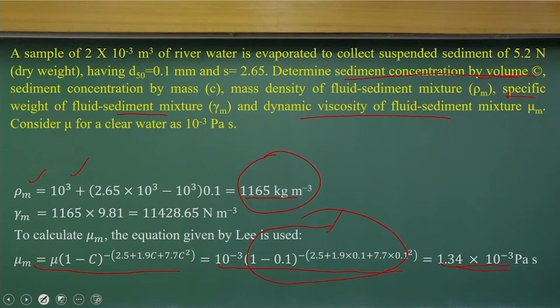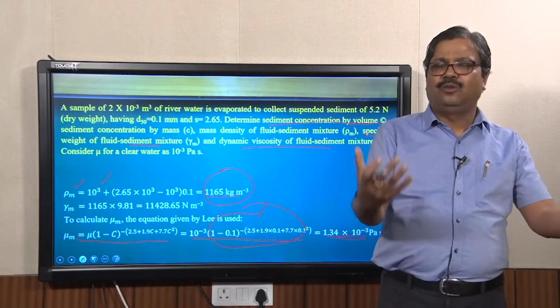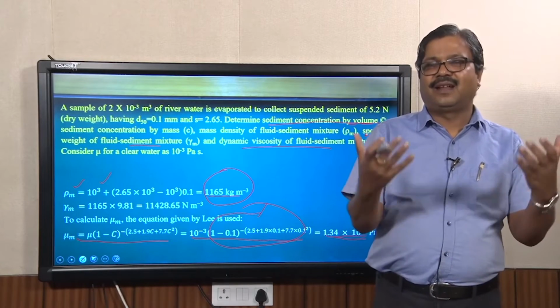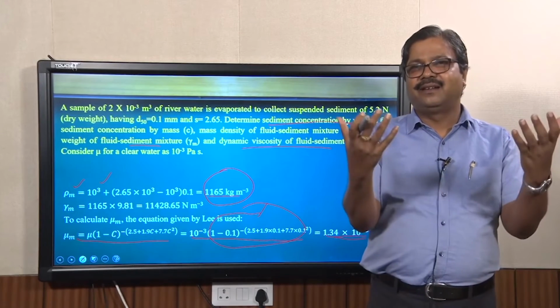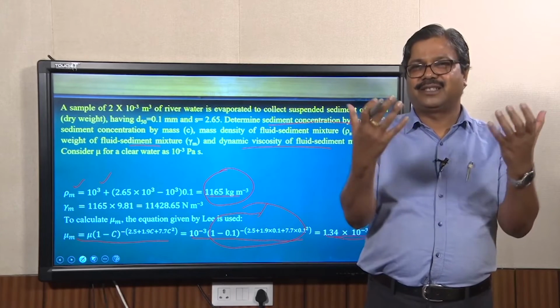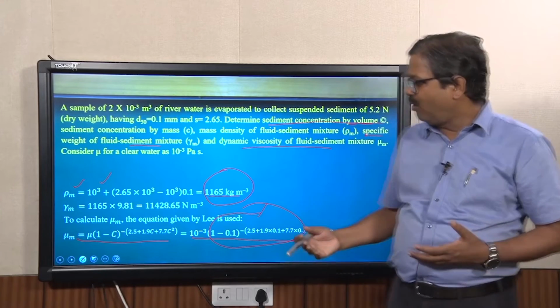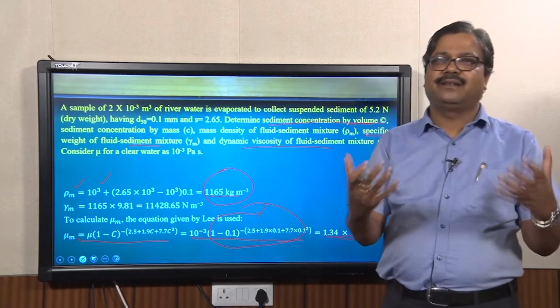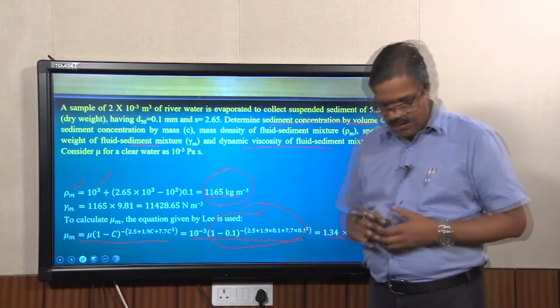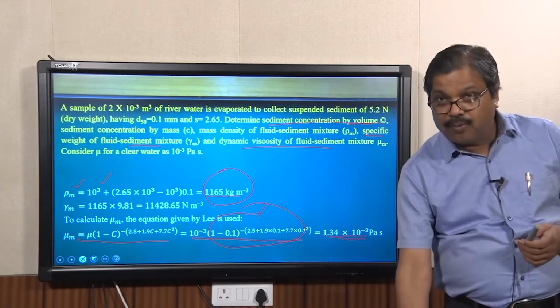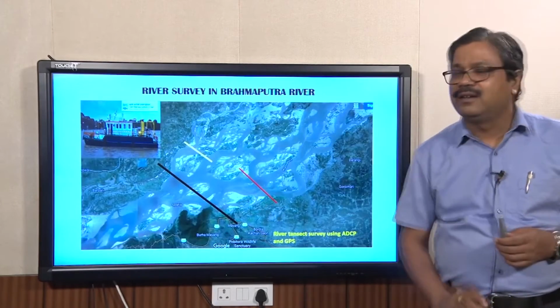We can do it easily. Just go to the river, collect the water samples, do the evaporation, and find the remaining solid sediment particles. You just take the weight and find all these fluid-sediment properties. That's the basic thing. So now let's go to the next slide.